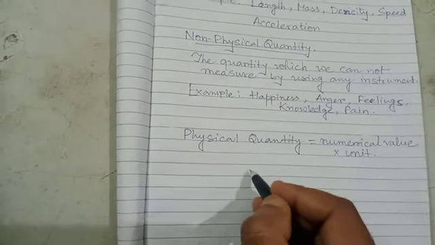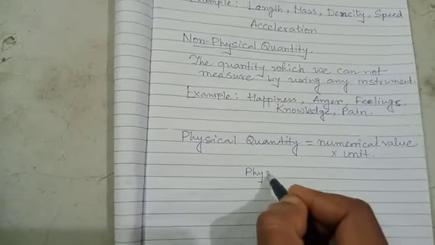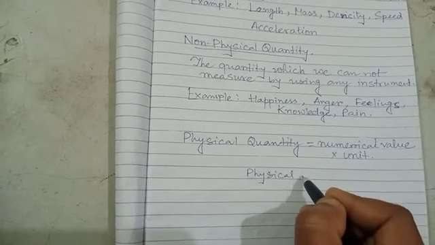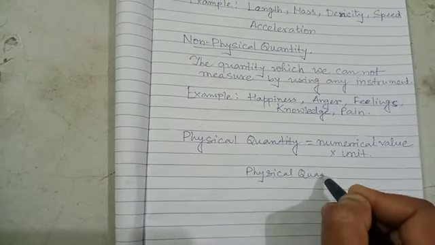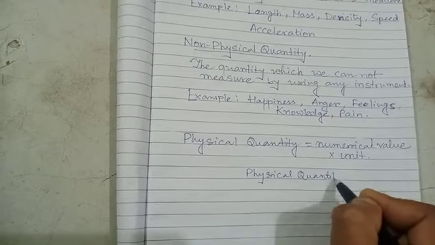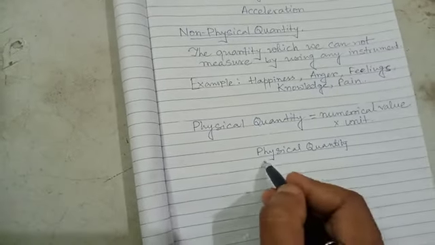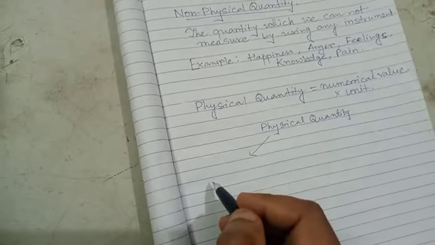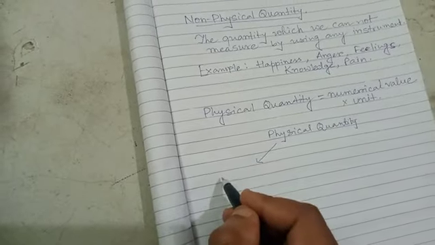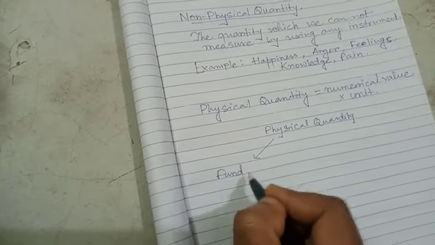If we divide the physical quantity into subparts, we know that the physical quantity may be divided into three parts. First one is fundamental quantity.